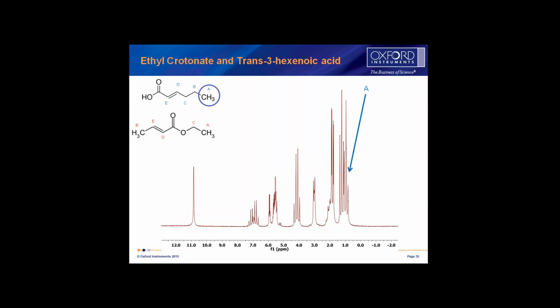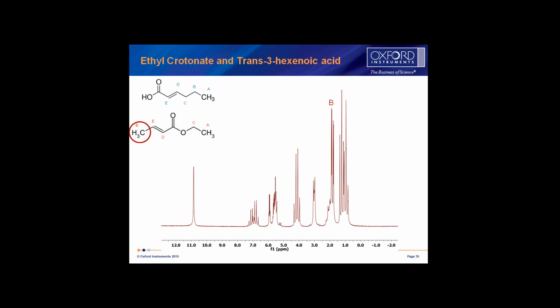In fact, in here, we have the CH3 from the hexenoic acid. That's the B CH2, the C CH2, and we have the signals from D and E, which are very close together in chemical shift and actually can't be separated. On top of that, we have the CH3 from the ethyl group in the ethyl crotonate.